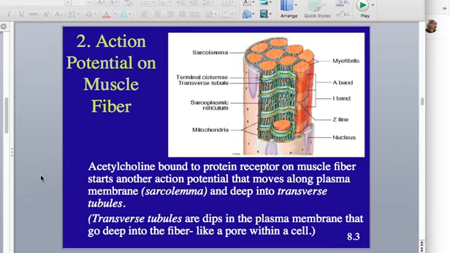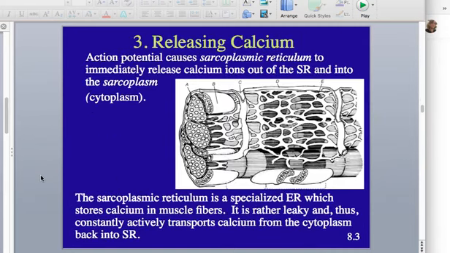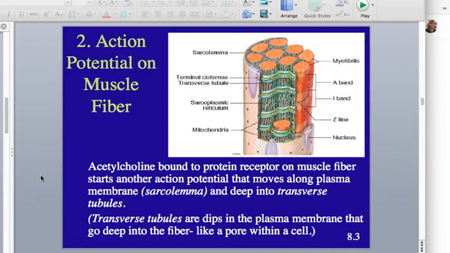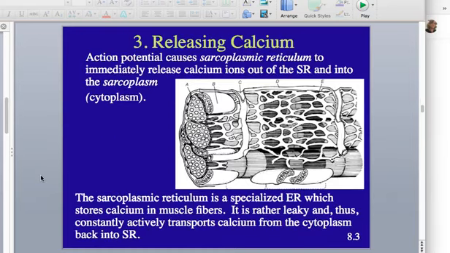Okay, so step 2 is, we have acetylcholine, it causes the sarcolemma to become active. Okay, and it does this by, do I want you to know why? Nah, not really. So now the acetylcholine has woken up all of the sarcolemma, so the entire cell, with an action potential, and that causes, remember the sarcoplasmic reticulum?